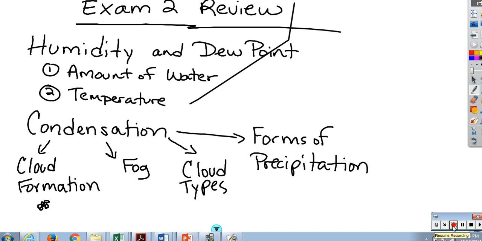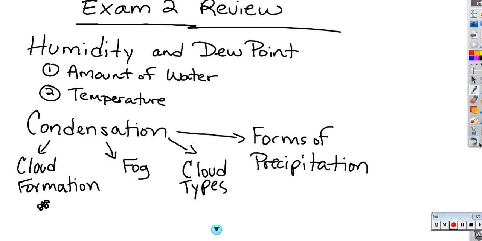The next item here is cloud types, and so you do need to know all the different cloud types, but we've talked about how they're classified based on their appearance and their height above the ground, and whether or not they make moisture or not.